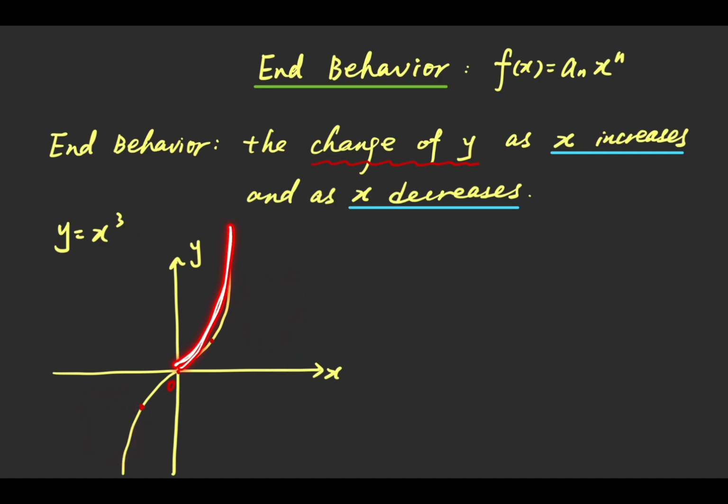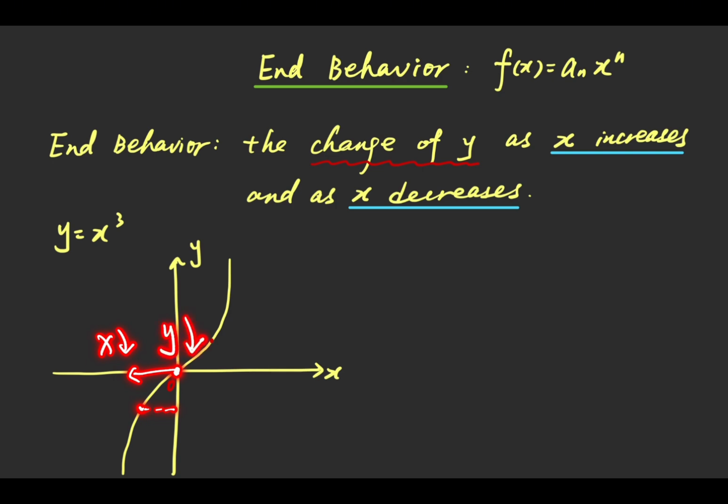For this part, if x increases, y also increases. We say for this point and this point, you can find out x increases, y also increases. For this part, from this point to this point, x decreases. This y coordinate is less than this y coordinate. That will say x decreases, y decreases.